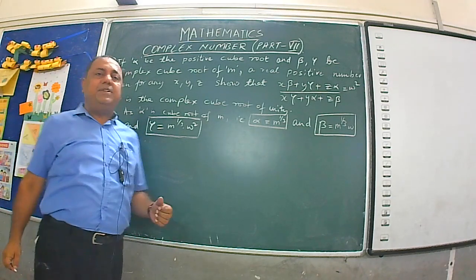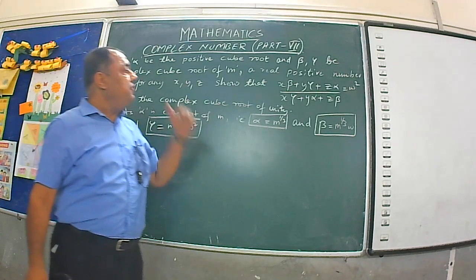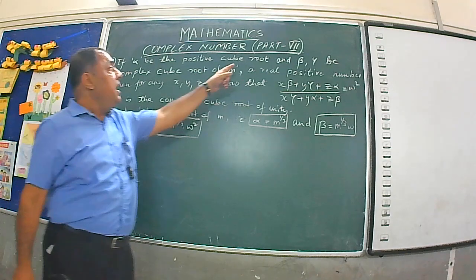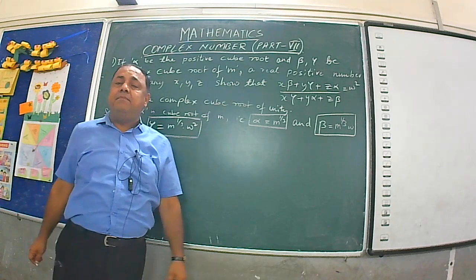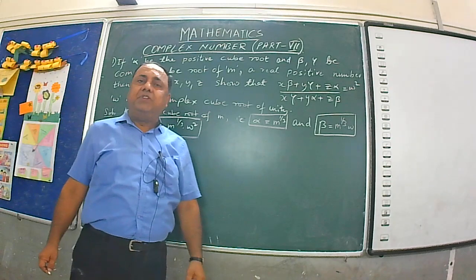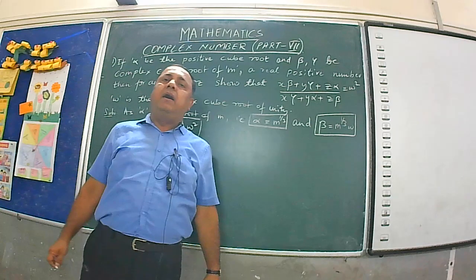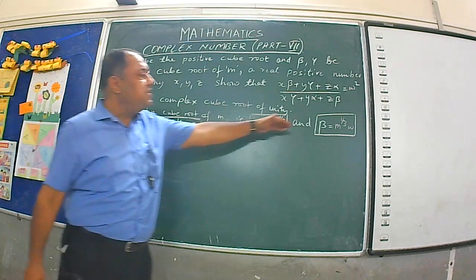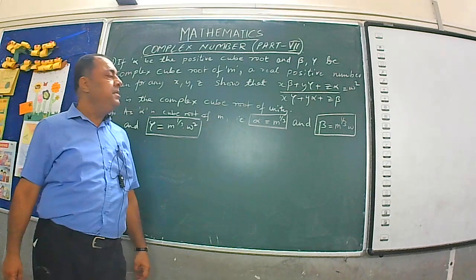Now what you observe is that alpha is the real root of m, but beta and gamma are complex cube roots of m. Therefore, alpha is m one third, the cube root of m, and beta and gamma are complex cube roots of m. We have discussed this particular section in our part 3 of complex number.